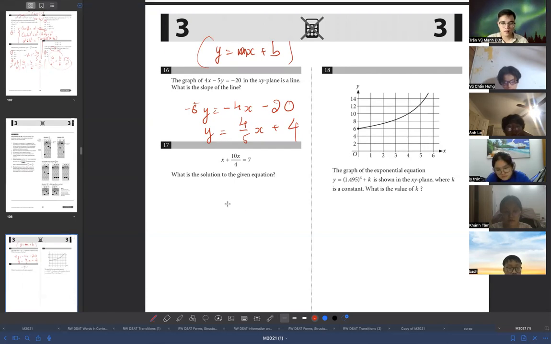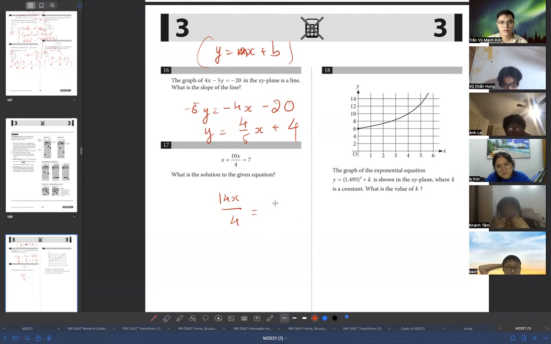17, we will have 14x over 4, which equals 28, and x is 2. 7 times 4 is 28, hang on.